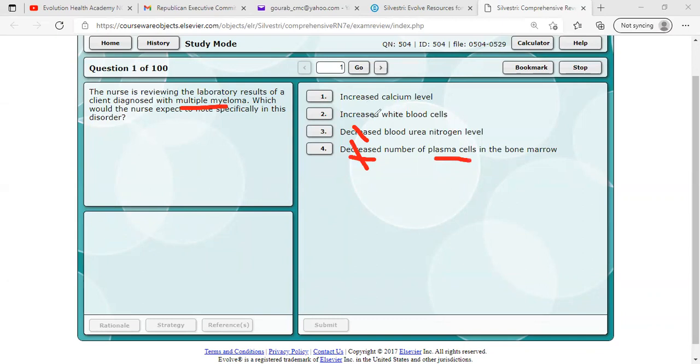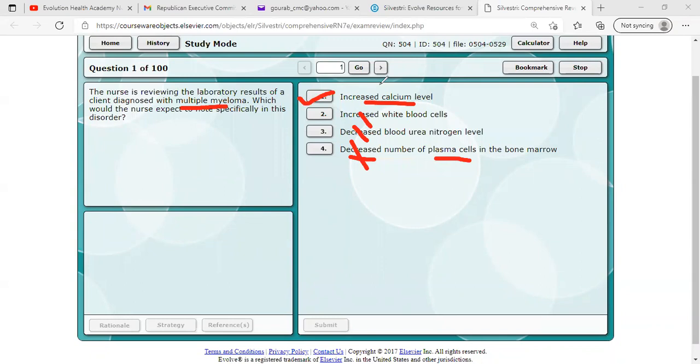And the patient develops anemia, and infection is more common, so WBC may go down, right? And I told you the common symptom associated with multiple myeloma is hypercalcemia. So increased calcium level is our choice.